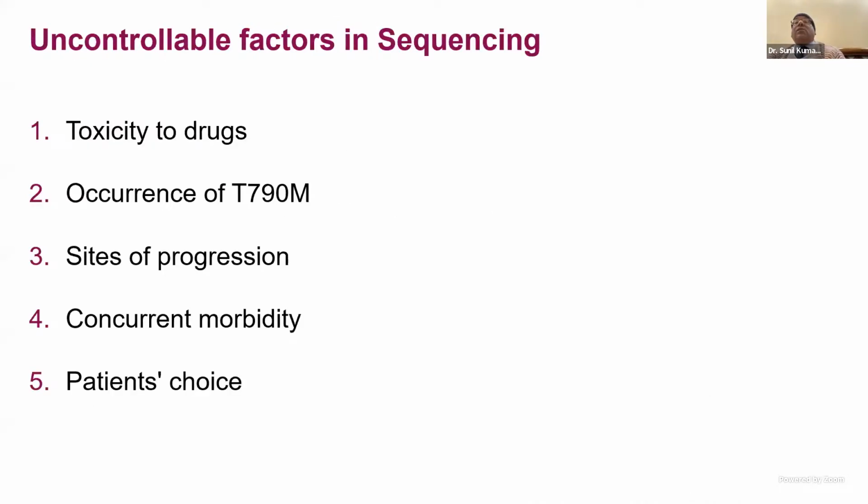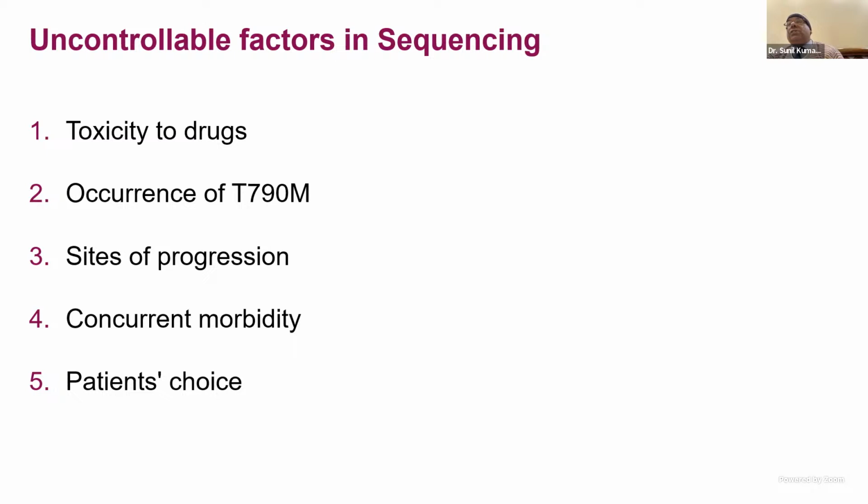So, these are uncontrolled factors in sequencing which I want to discuss with you. I always look at the toxicity of the drug. With dacomitinib and afatinib, 67% and more than 40% of patients have dose reduction, as compared to 8% with osimertinib in the FLAURA trial.